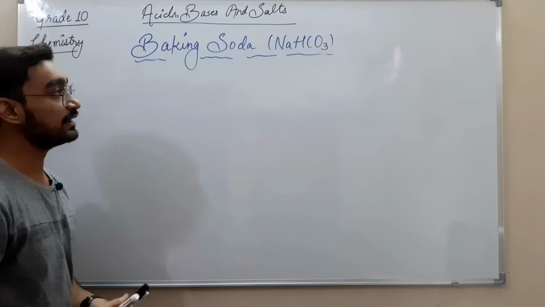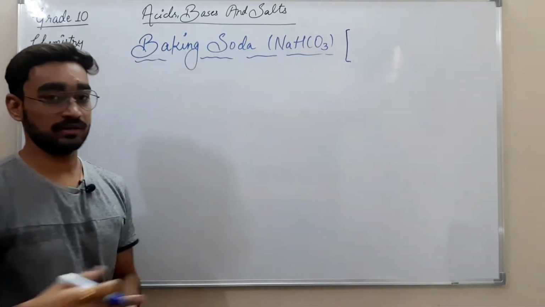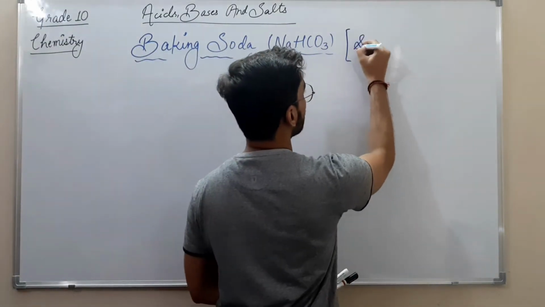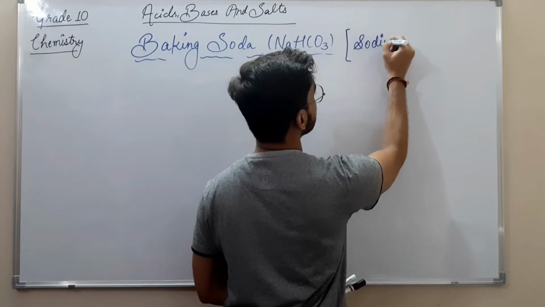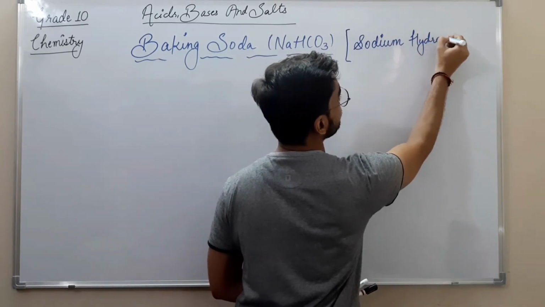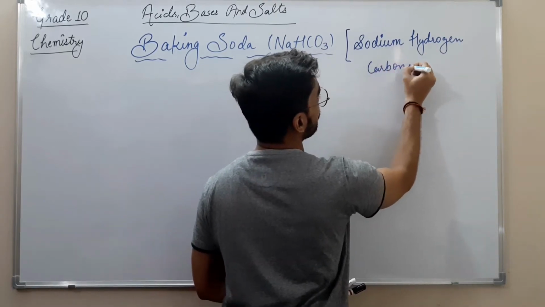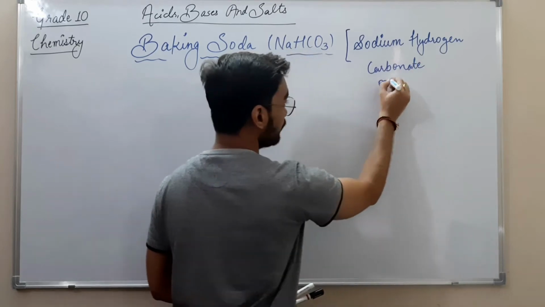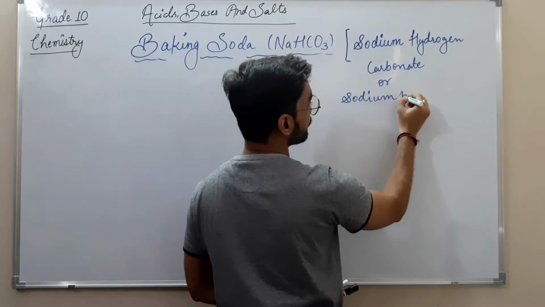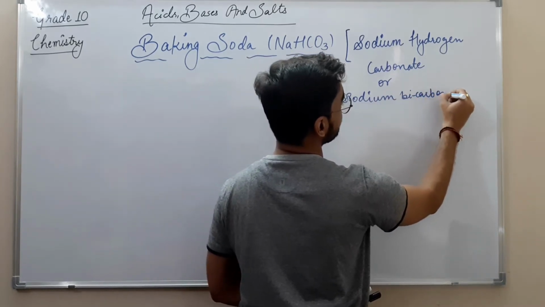NaHCO3. Baking soda is the common name which we use in our daily lives, but the chemical or scientific name is sodium hydrogen carbonate, or commonly we can call it sodium bicarbonate.